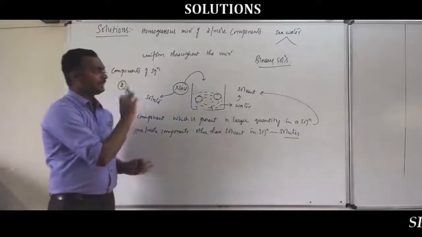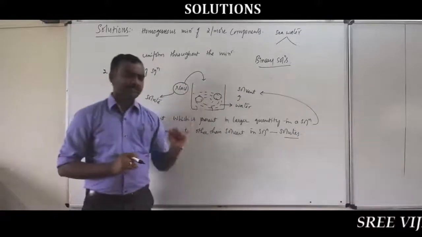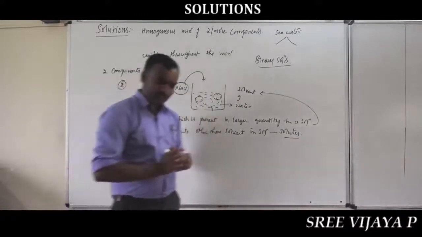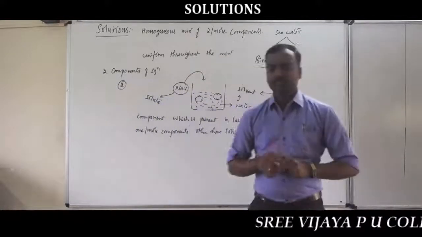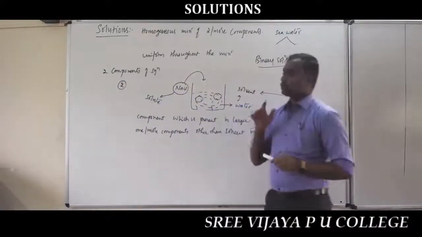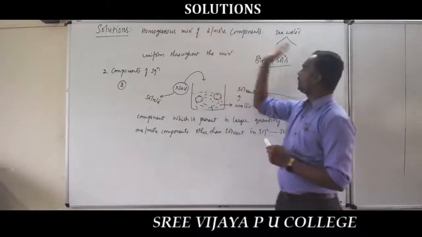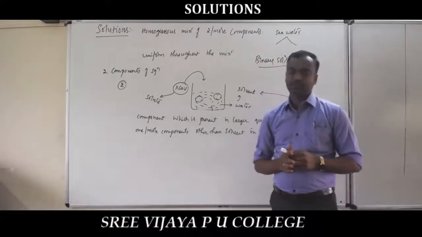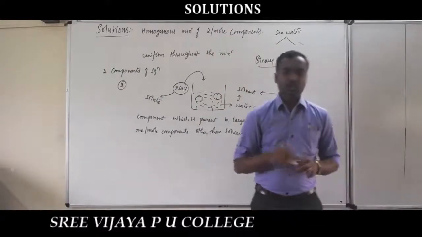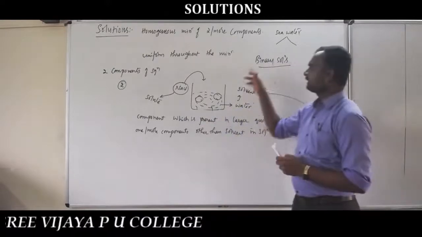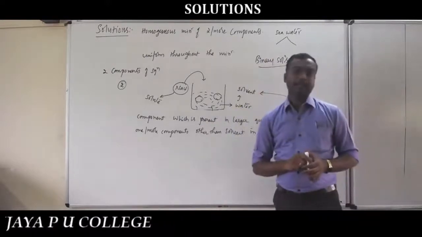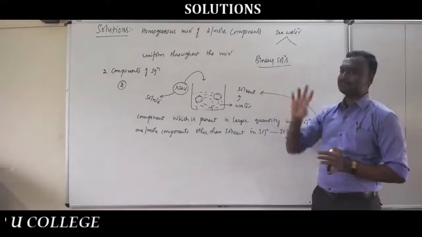So that's about the binary solution. What is the meaning of solvent and what is the meaning of solute? I will repeat once again. A solution should be homogeneous. A homogeneous mixture of two or more components is called a solution. If the solution consists of only two components, that type of solution is called a binary solution. Binary is nothing but two.